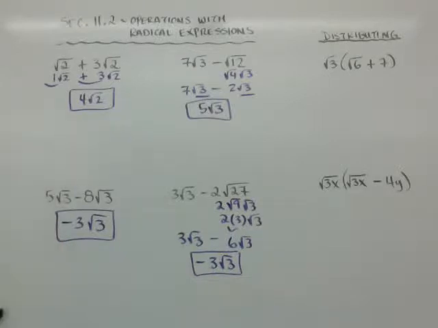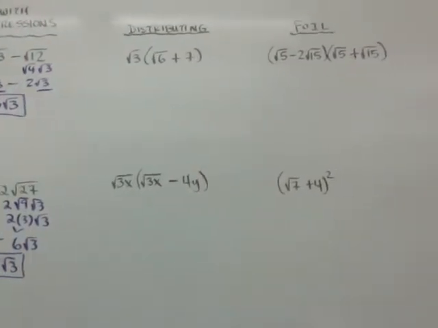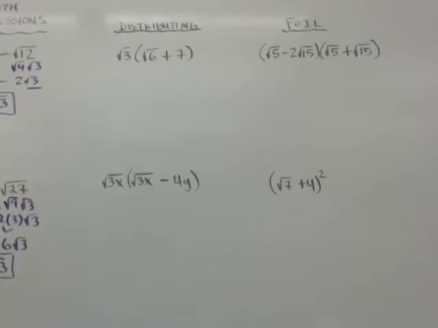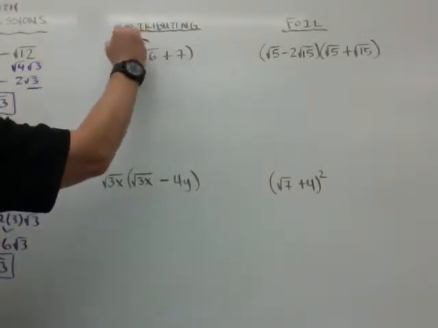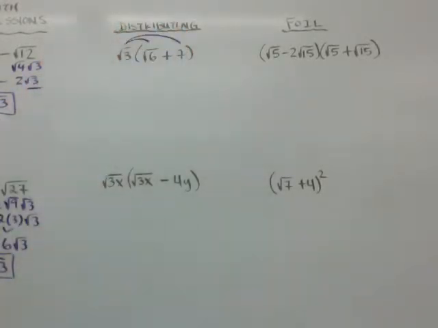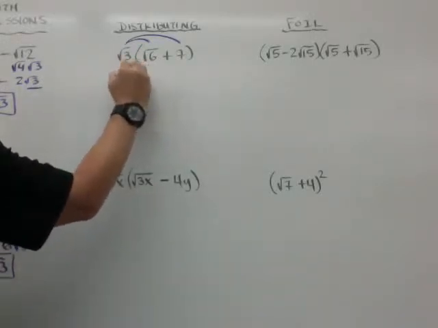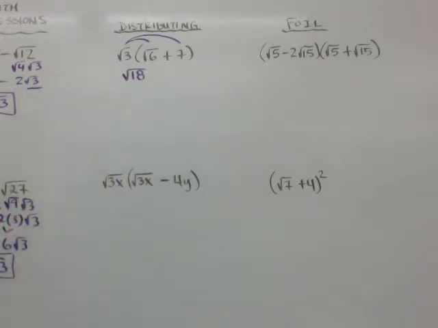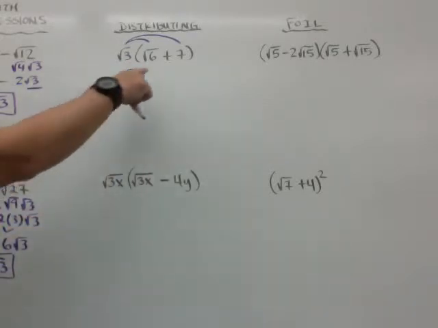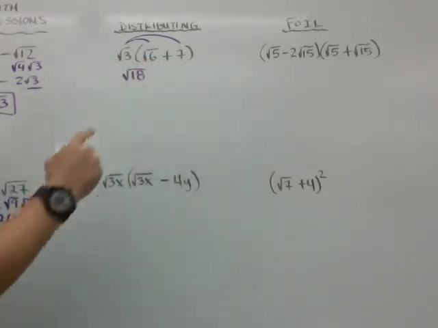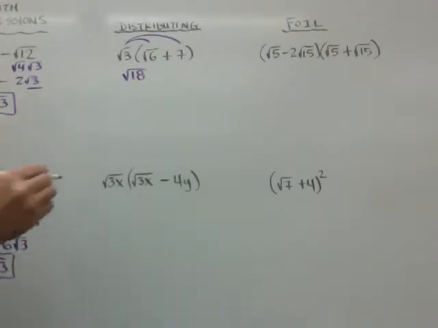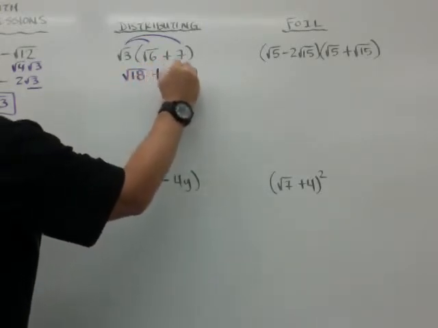Okay, we're going to do some distributing and some FOILing. So here it is. If I distribute this in like we've done in the past, radical 3 times radical 6 becomes radical 18. You can just multiply them because they're both under the radical. And then radical 3 times 7 is like saying x times 7, so instead of 7x, you put 7 radical 3.